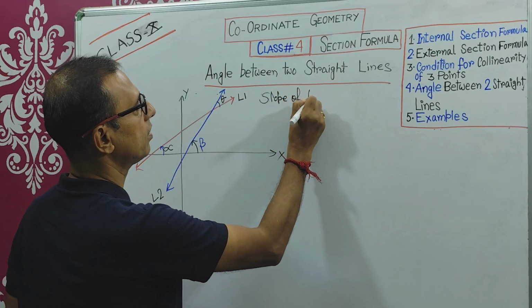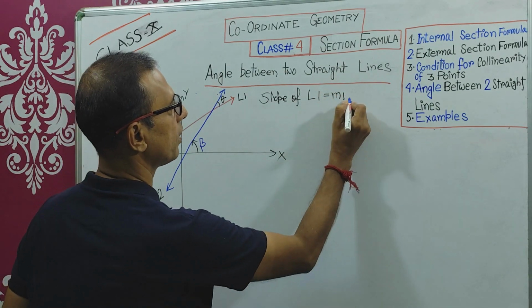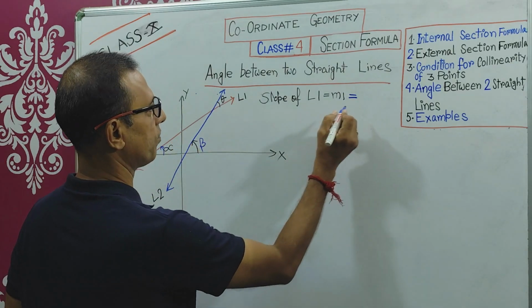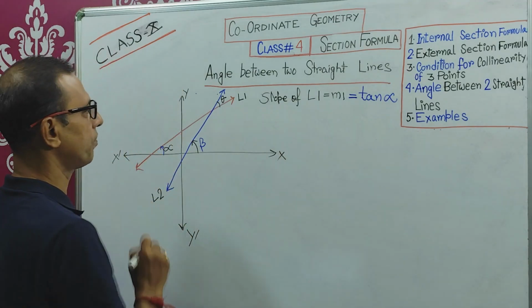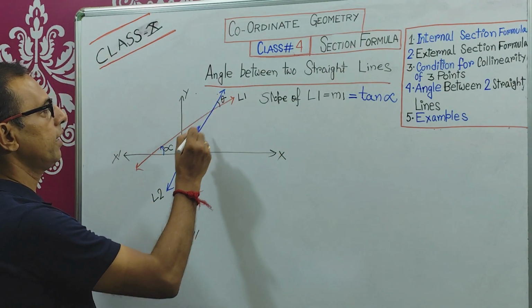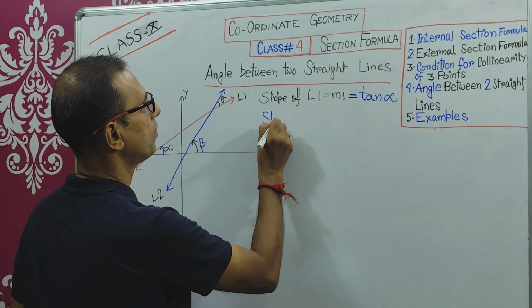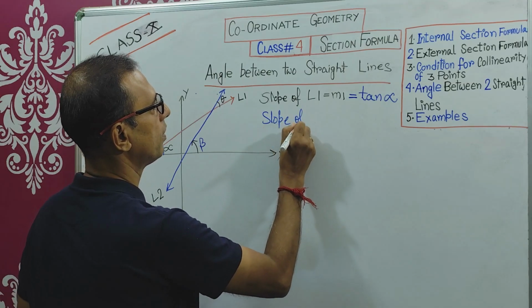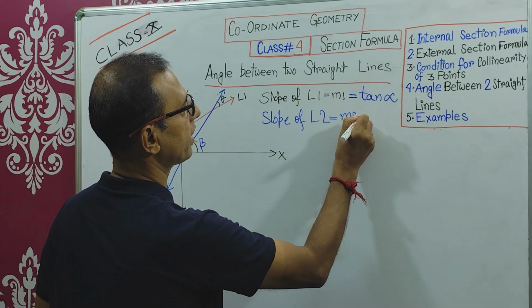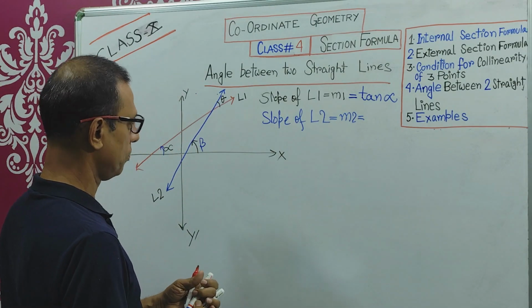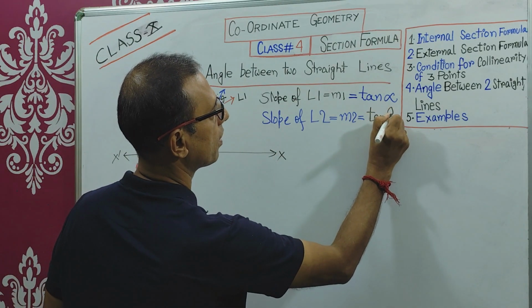Slope of L1, M1, equals tan alpha, because alpha is the inclination. Inclination of L2 is beta, so slope of L2, M2, equals tan beta.